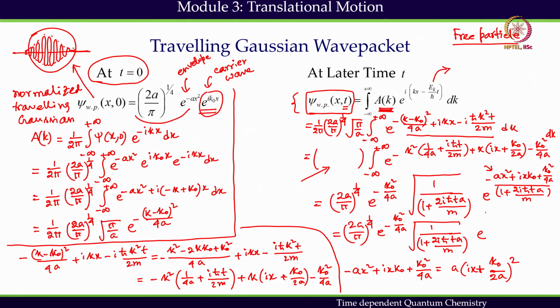It is e to the power a multiplied by (i x plus k naught by 2a) whole square divided by this term 1 plus 2i h cut t a by m. So, this is the final expression we get for the wave function.